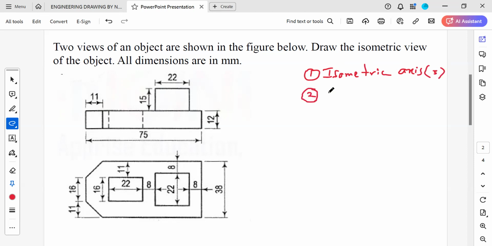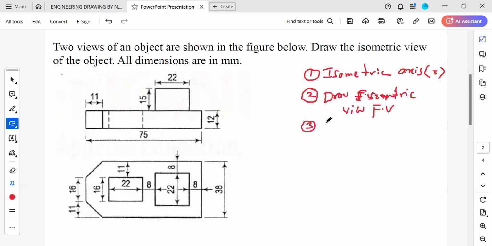Second point is draw the isometric view of the front view, correlating with the top view.